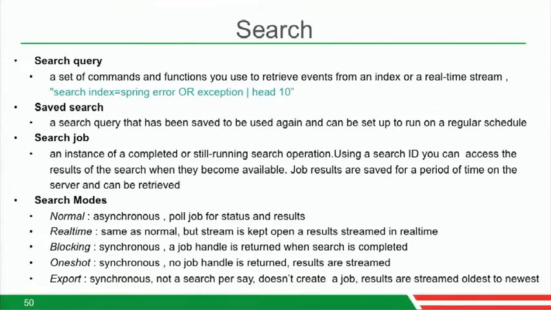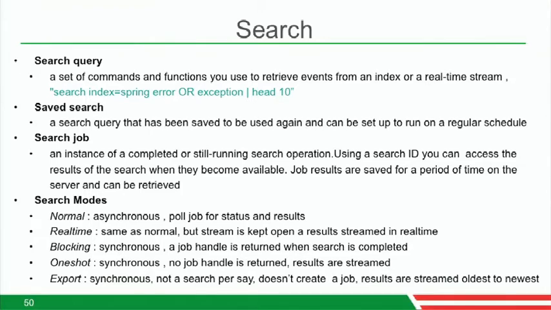Job results get saved on the Splunk indexer for a certain period of time. So in the case of a network failure, as long as you've got a handle to that particular job ID, when the network connectivity is restored, you can just reconnect to the Splunk indexer, poll the status of that job and get the results back. You're not going to lose any information there.